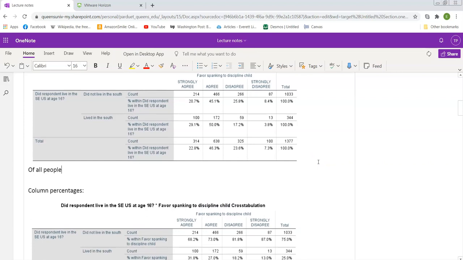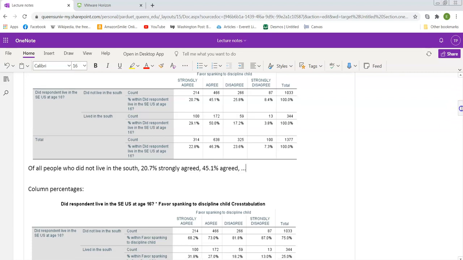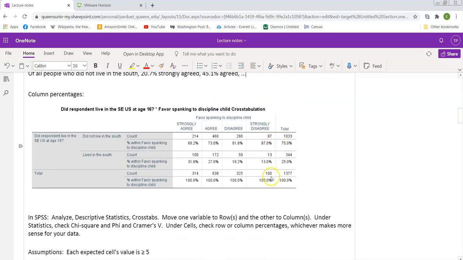So of all people who did not live in the South when they were 16, 20.7% strongly agreed, 45.1% agreed, etc. Whereas down here, of all people who strongly agreed, 68.2% did not live in the South, and 31.8% did.